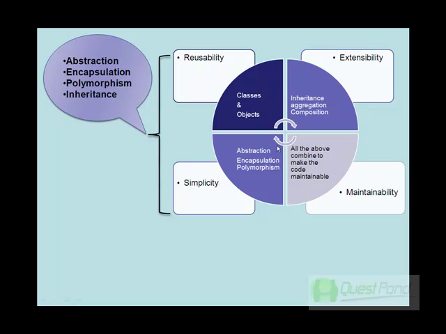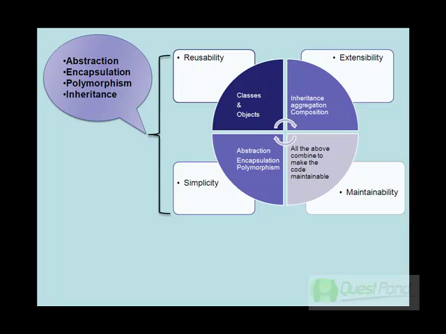The second problem with functional programming was extensibility. You have a function and you want to extend it with new features. That was not possible, so you had to make a completely new function and change the whole function into whatever you want. In object-oriented programming, this problem of extensibility is solved by using inheritance, aggregation and composition. We will discuss all these features in the coming videos, but at this moment just try to understand the terms which help solve the functional programming problem.